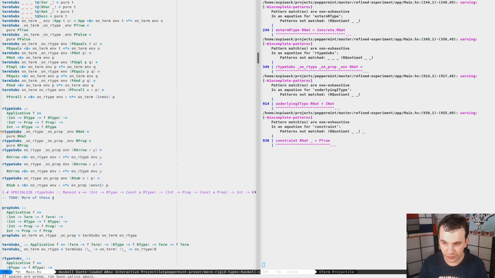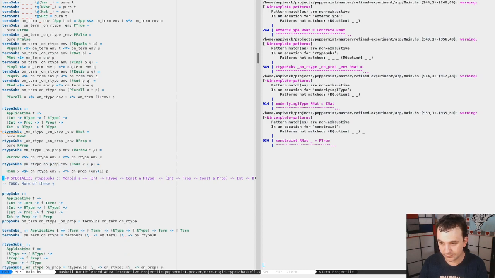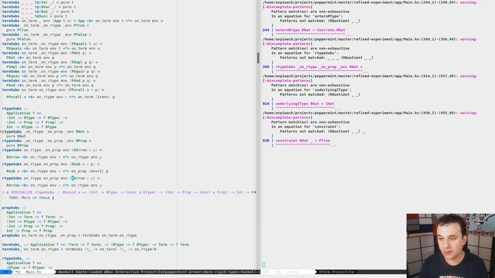Oh yeah, I should remember to remove prop altogether. So on type, on prop. I should have quotient at type. That would be R. So that's R quotient again, on R type. It should really be on term.